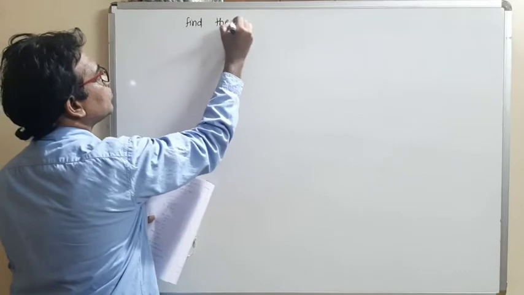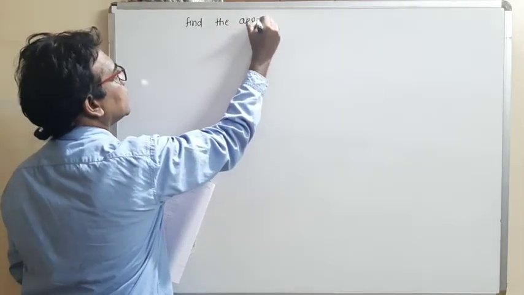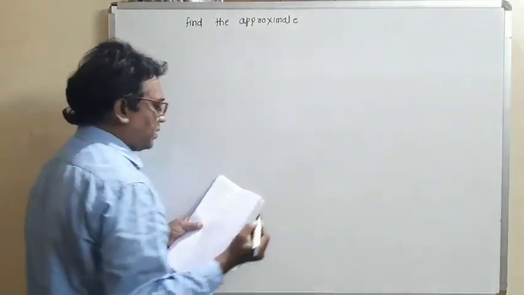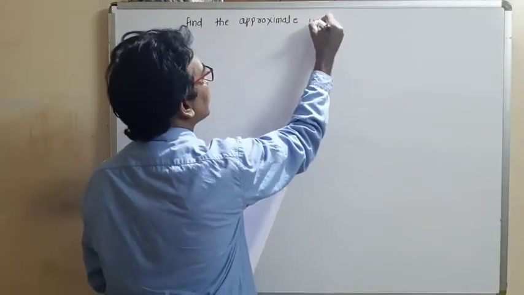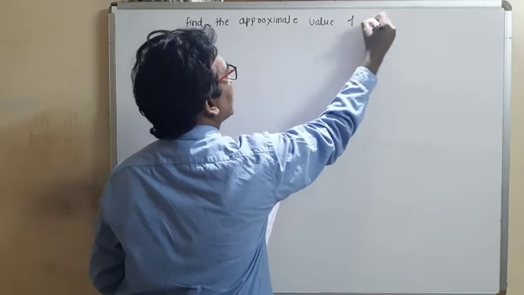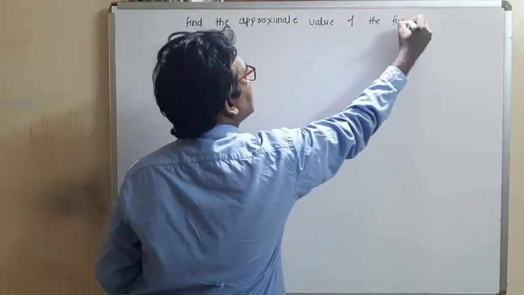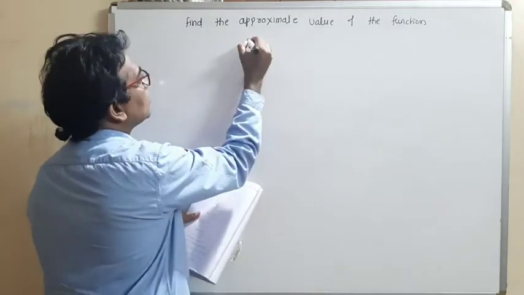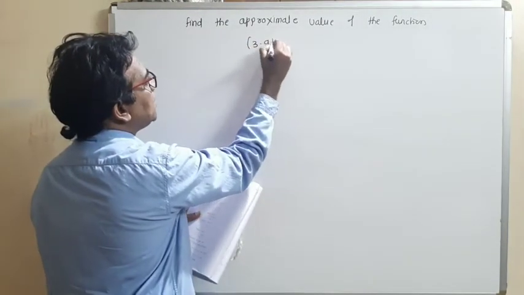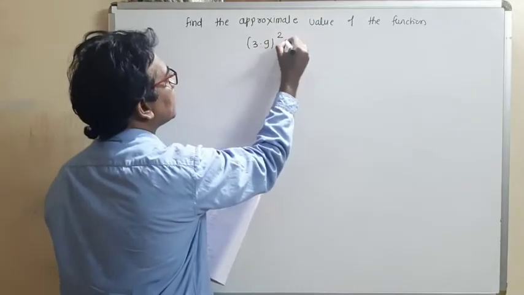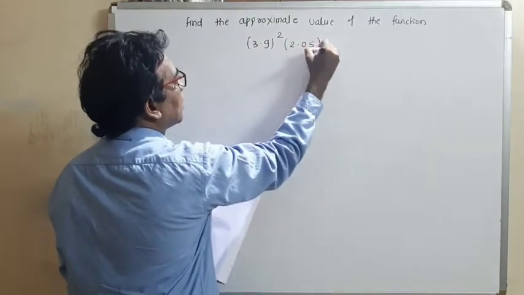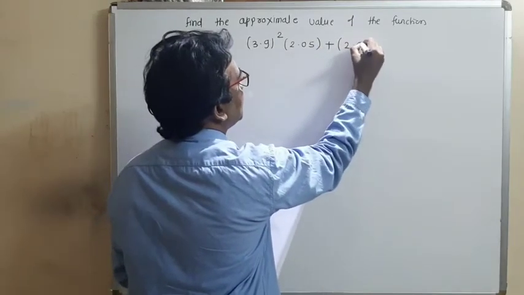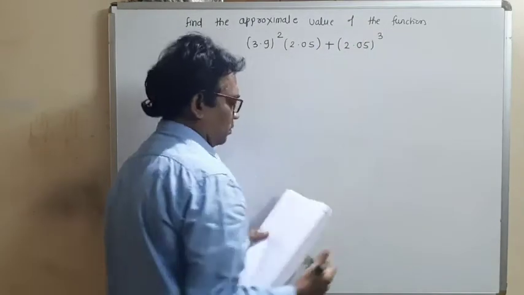Find the approximate value of the function: this is our numeric function, 3.9 bracket square into 2.05 plus 2.05 bracket cube.